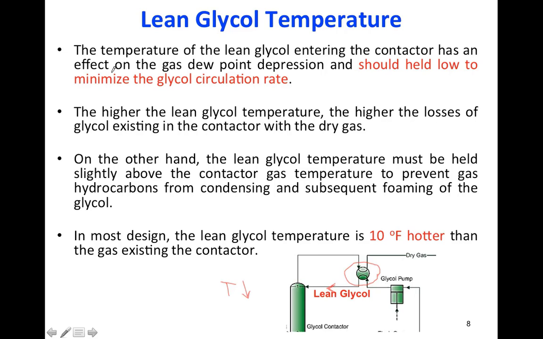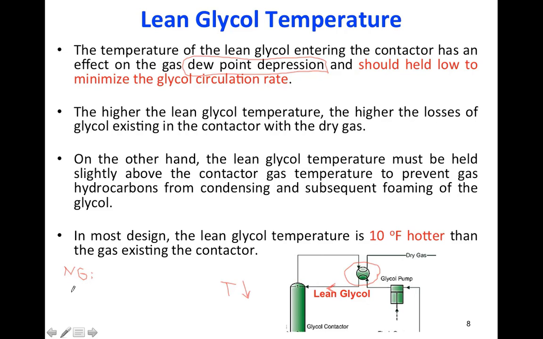So the temperature of this lean glycol can have an effect on dew point depression. So what is dew point depression? We are talking about natural gas that is wet. Natural gas dew point is kind of similar to boiling point, right?